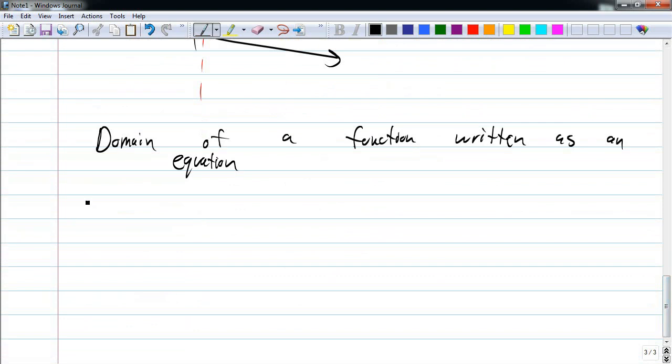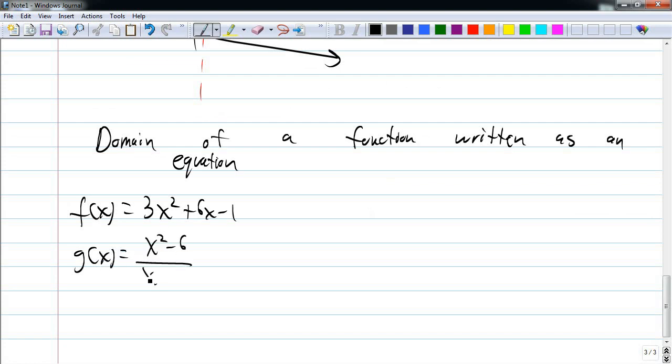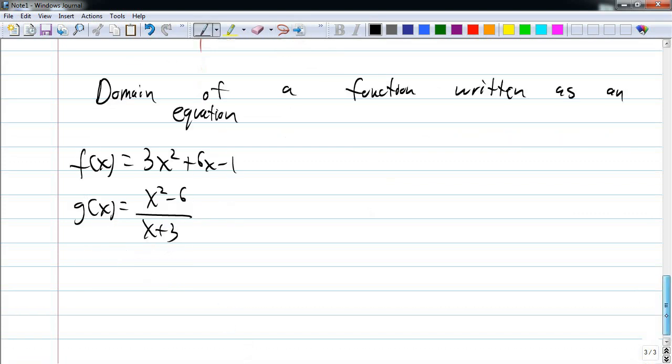So something like f of x equals 3x squared plus 6x minus 1, or, let's call this g, g of x is x squared minus 6 over x plus 3, or h of x equals square root of 2x minus 1.